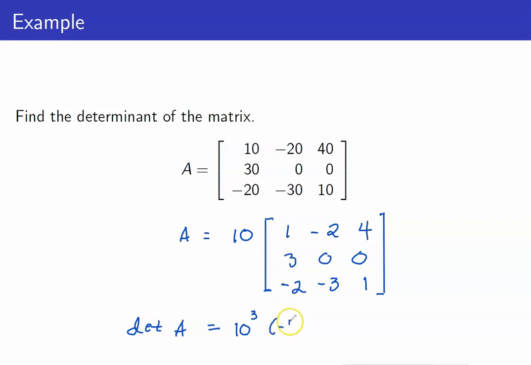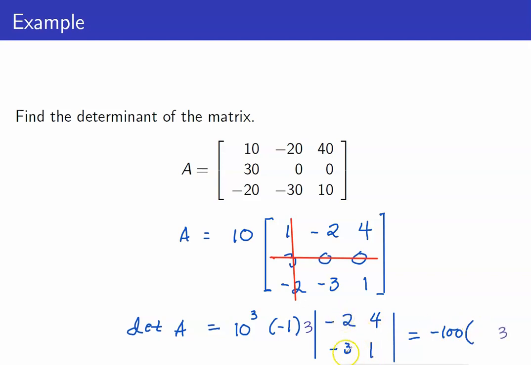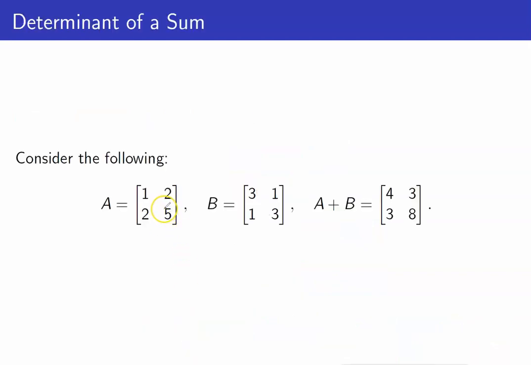I will have a negative 1 there, times the determinant that will result when we remove the row containing 3. Therefore, this is equal to negative 100 times negative 2 plus 12. So that's 10. We get negative 3,000.